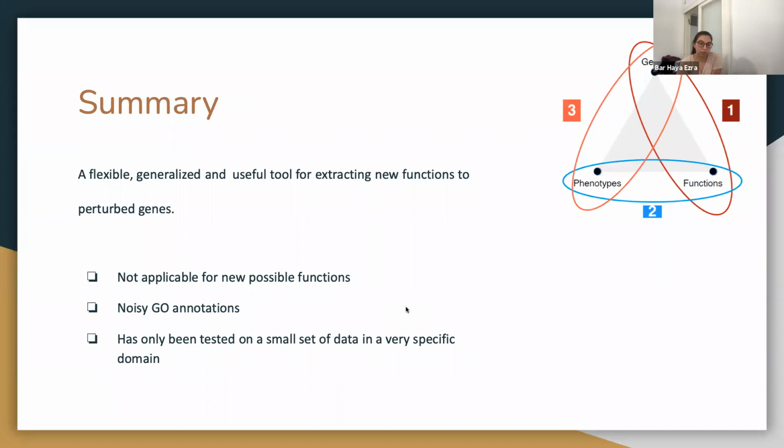KCML had to deal with noisy GO annotations, which don't provide a perfect ground truth, so more positive genes are required for the classification. Another thing that we think is a downside is that it missed new functions with a new phenotype, because functions are learned according to similar phenotypes, but aren't found by the algorithm.